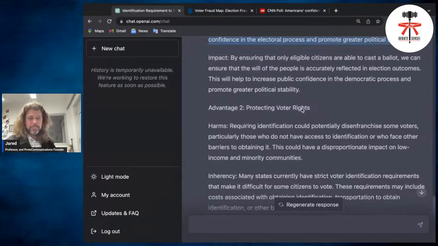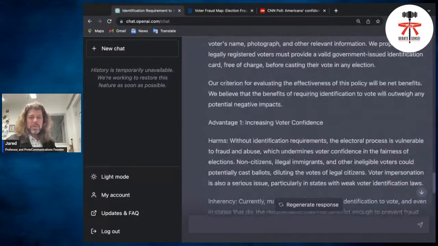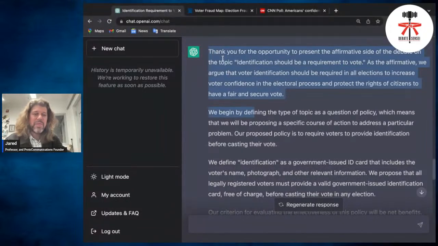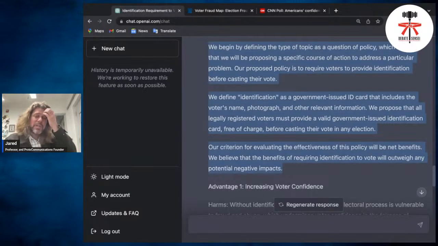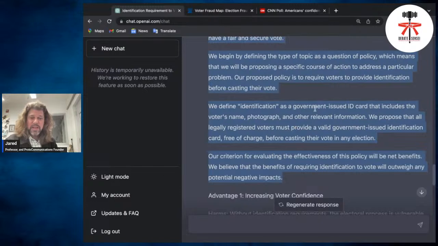See that? Okay. So in this first section right here, don't start with "thank you for the opportunity to present the affirmative." Start with something a little bit better than that. But up to here, make sure that you have a policy that you like, and then define identification as a government issue.